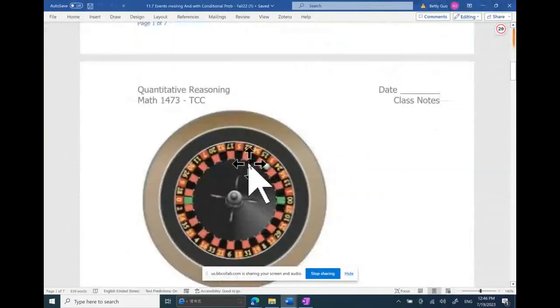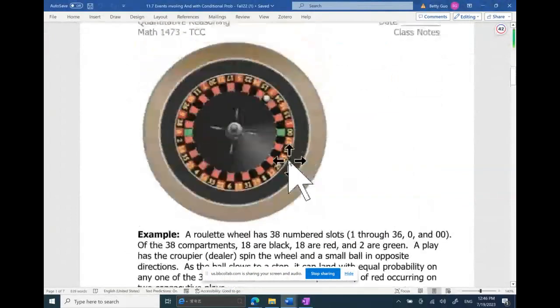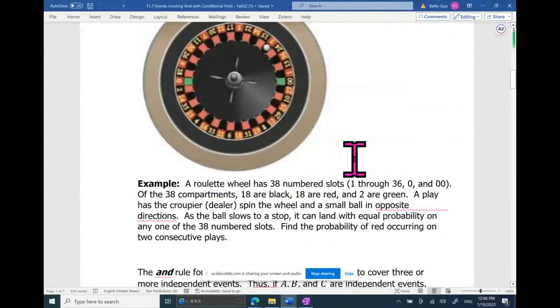Let's look at some examples. Here is a roulette, right? A roulette wheel has 38 numbered slots, 1 through 36, 0 and 00. Of the 38 compartments, 18 are black, 18 are red, and 2 are green.